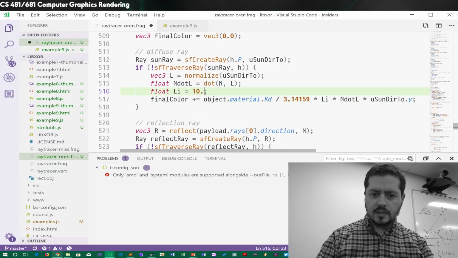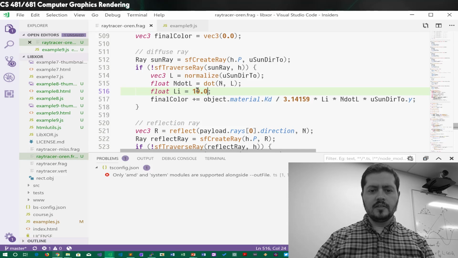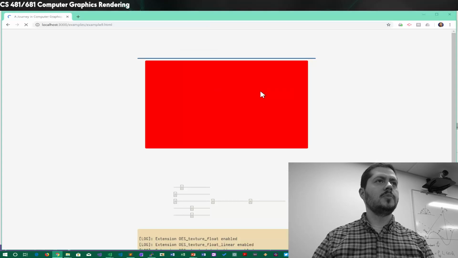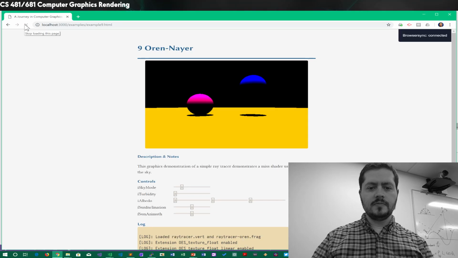Can't do that. It's one of those things in GLSL, 10 is not the same as 10.0, because of the integer math and the floating point math, it's very strict about that.